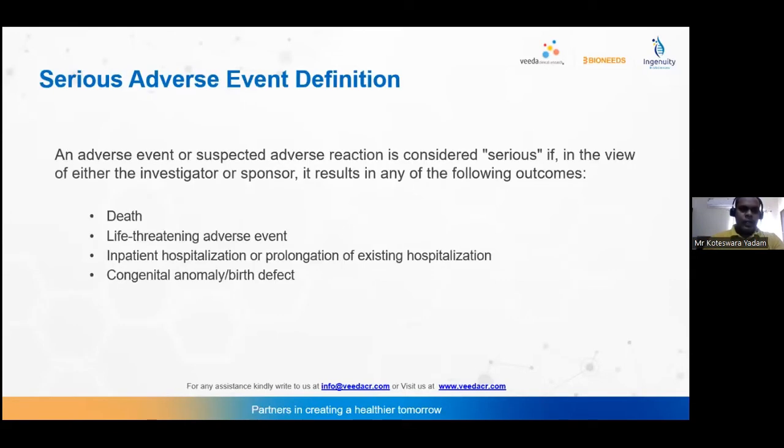A serious adverse event is when the adverse event is worse. A serious adverse event might lead to death, be life-threatening, require hospitalization, or cause a congenital anomaly or birth defect.